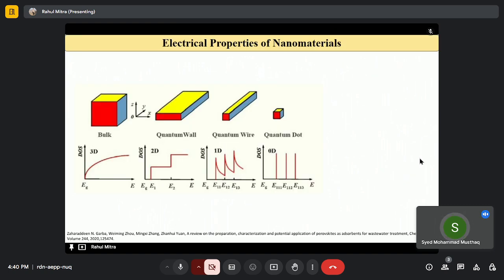Now coming to the electrical properties. The electrical properties arise from two parts.